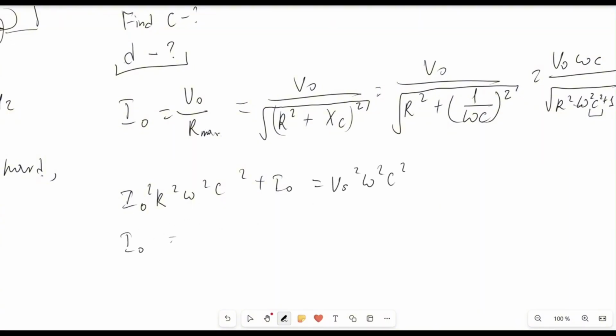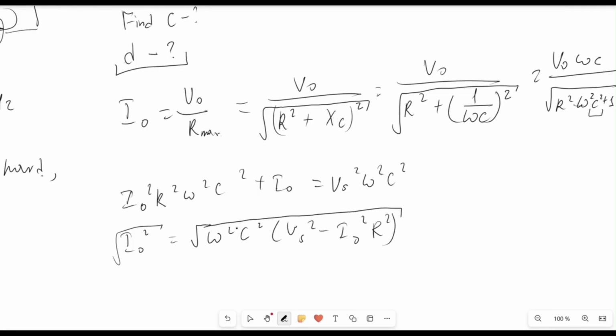Yes, our current will be, I will use this root because we don't need this quadratics.